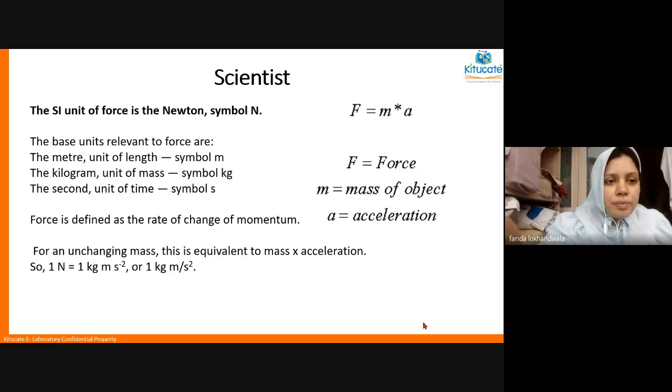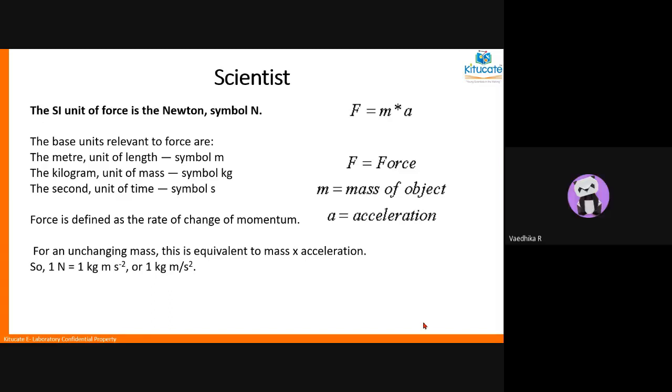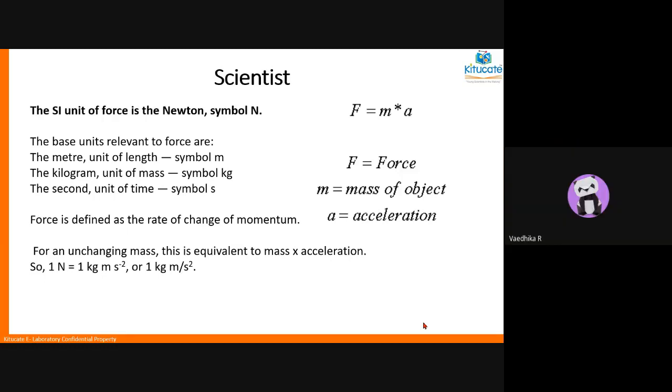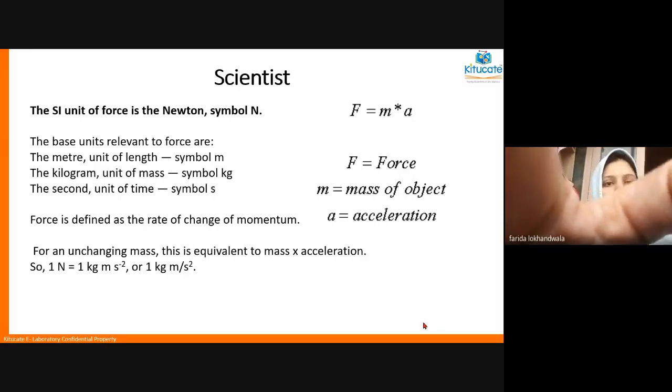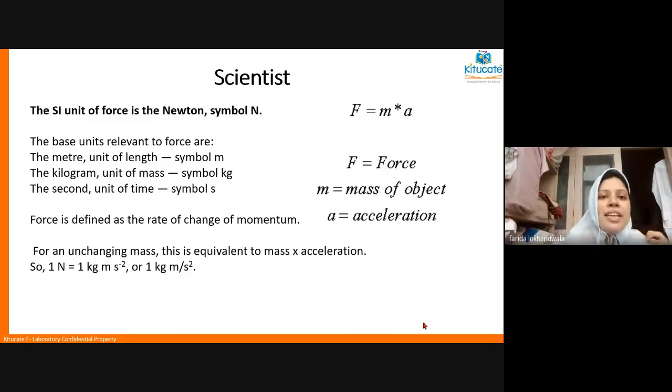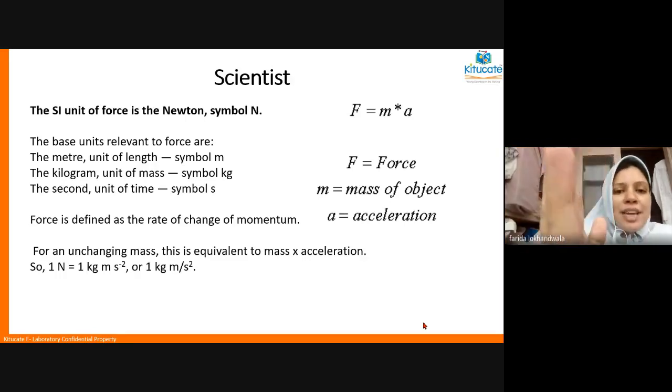How do we get the acceleration? How do we measure it? You will get the acceleration by knowing the initial and the final speed. So acceleration will be final speed minus initial speed. If your cycle was at rest, your initial speed will be 0, and when your cycle is set in motion, your final speed will be, for example, 10.